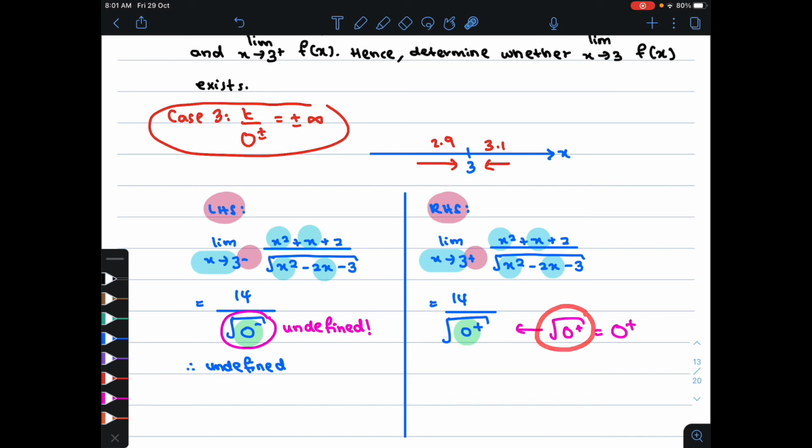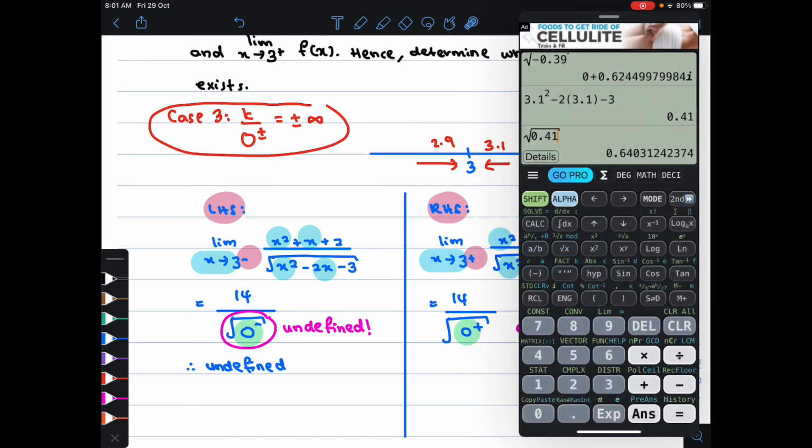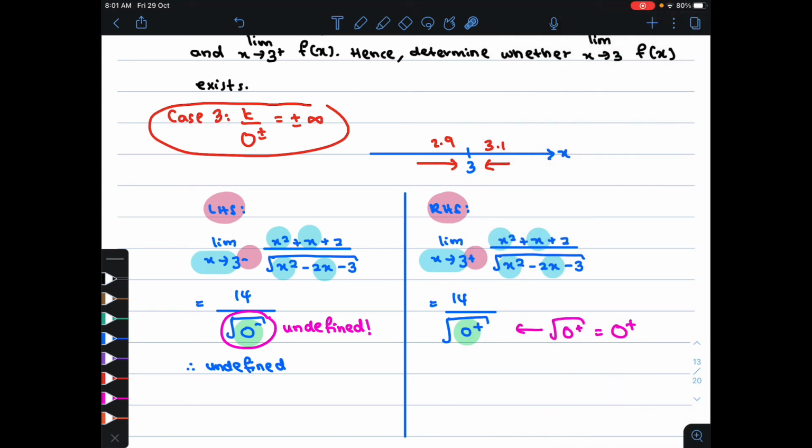Square root of 0 plus is just 0 plus. Using calculator, you can see that when you square root 0.41, you'll get a positive 0.64. So, positive 0.64 is a very small positive value. So that's why we can just change this to become 0 plus.